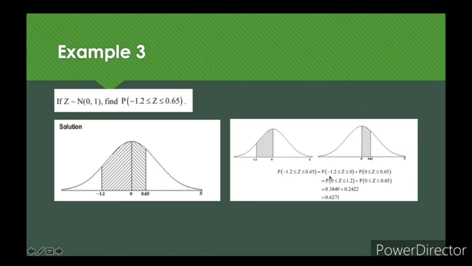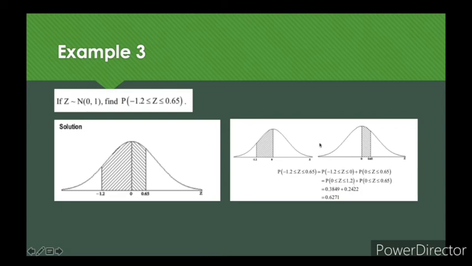So the probability of z from negative 1.2 to 0.65 equals the probability of z from negative 1.2 to 0 plus the probability of z from 0 to 0.65.